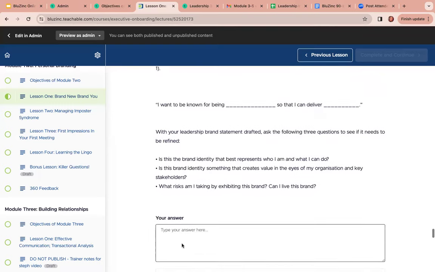Is this the brand identity that best presents who I am and what I can do? Does my brand identity say something that creates value in the eyes of my organization and the key stakeholders? Are there any risks I'm taking by exhibiting this brand? Can I live and breathe this? Is this within my control? Again, you can write your I want to be known for being X so that I can deliver Y in this box here.